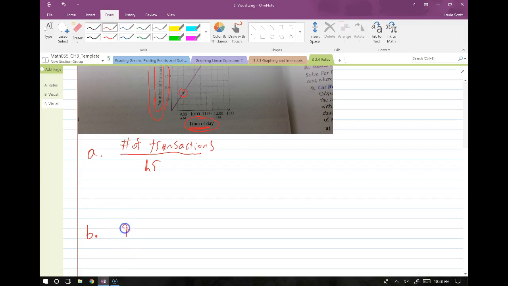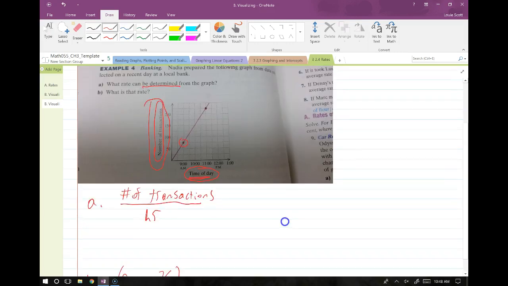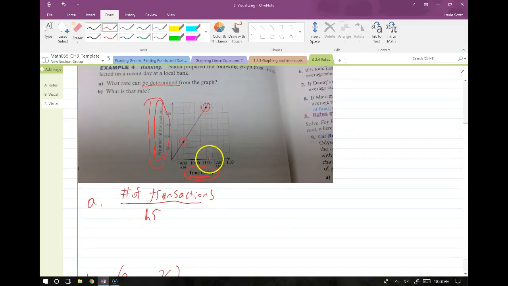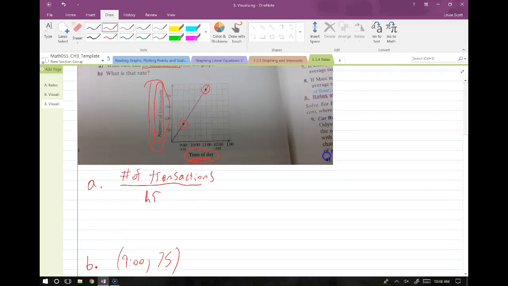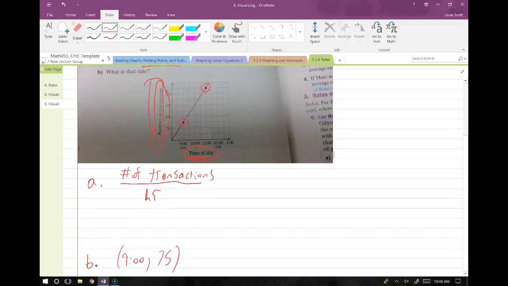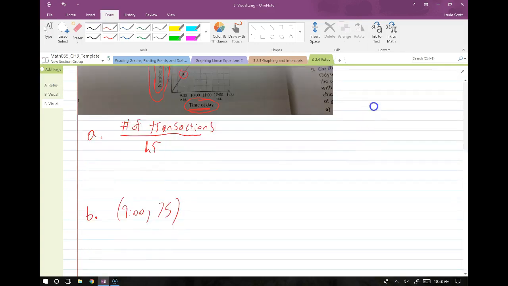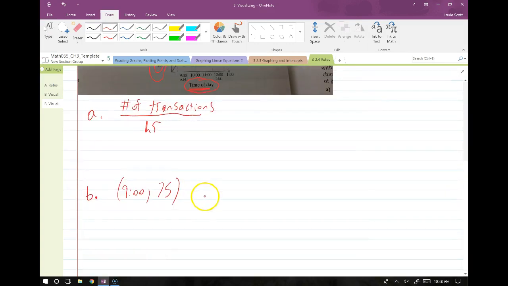So we have 9 o'clock and 75, that's one point on the graph. Here's another point. This says that at 11 o'clock, we had 250 transactions. So 11 o'clock, comma, 250.